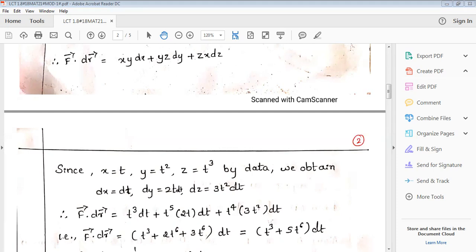Dy is 2t dt, similarly z is t cube, x is t, and dz is 3t square dt.